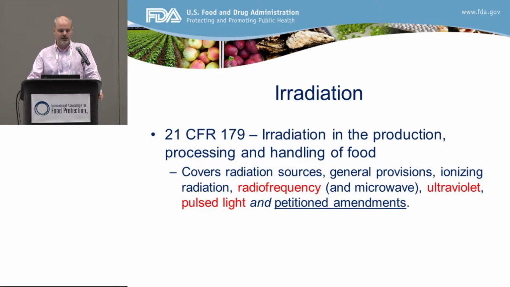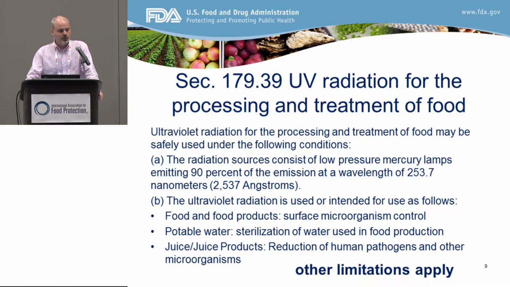And let me speak to that right now. Within section 179.39, it speaks specifically to UV radiation for the processing and treatment of food. And there are some very specific requirements of that regulation. And I won't go into detail.